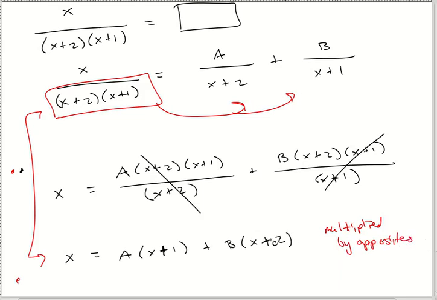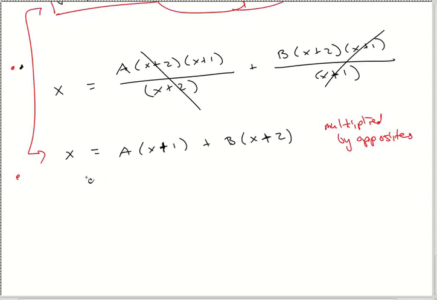What does that mean? Notice that the a had an x plus 2. Well, now a has an x plus 1. B had an x plus 1, but now b has an x plus 2. See how they're multiplied by their opposites.